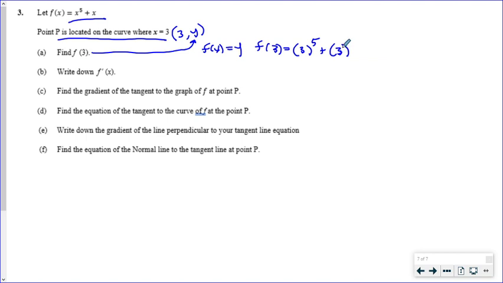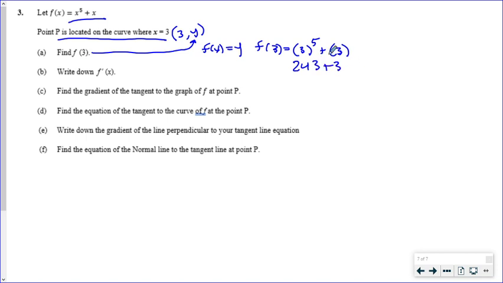So then what would that be? Let me get my calculator because I'm really bad at math. Okay, 3 times 3 times 3 times 3 times 3. Oh, it's 243. Ooh, that's big. Okay. So 243 plus 3.